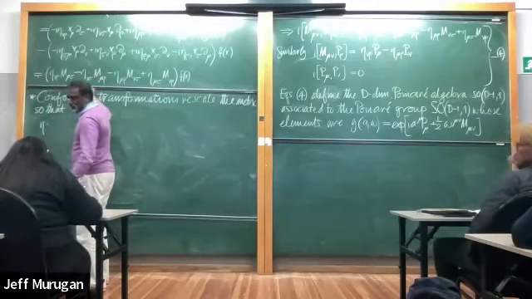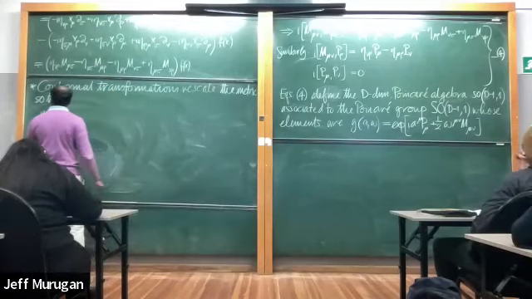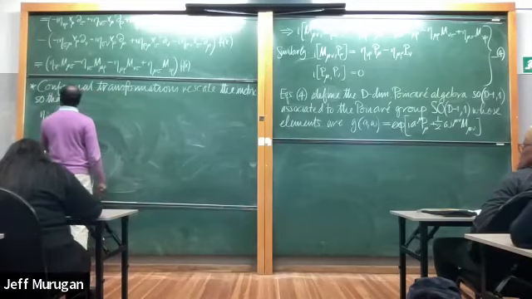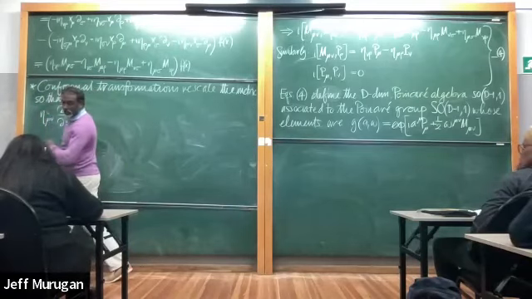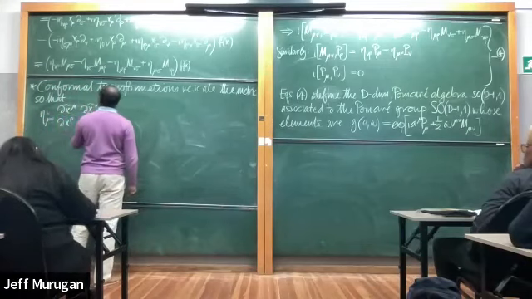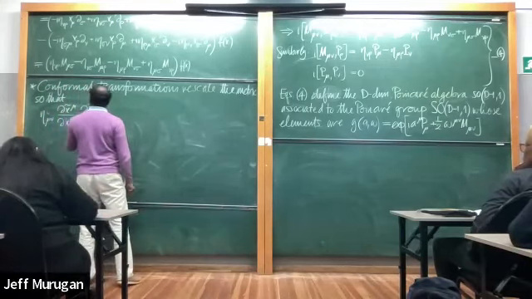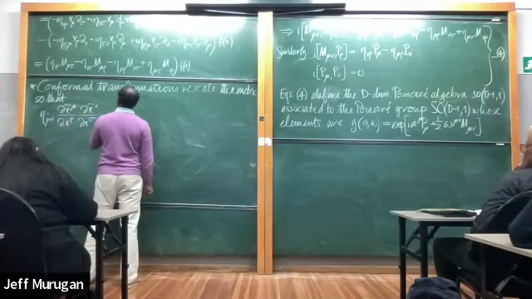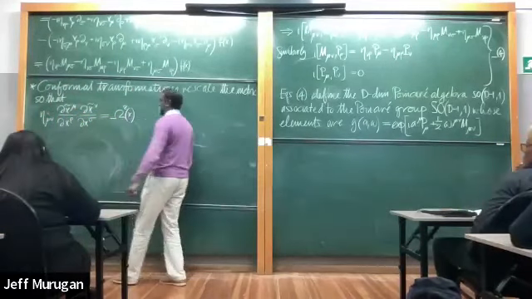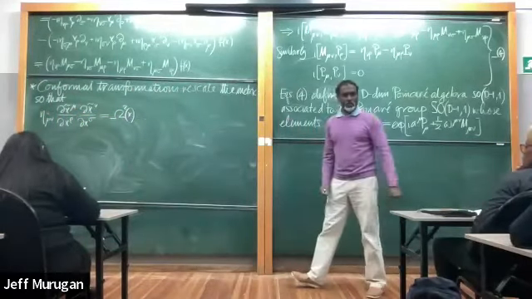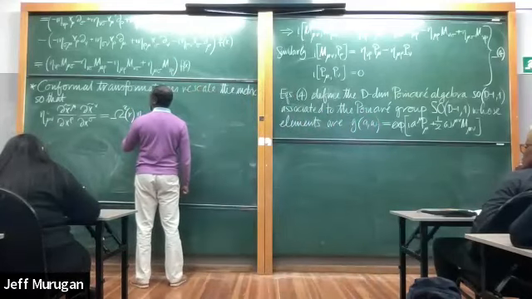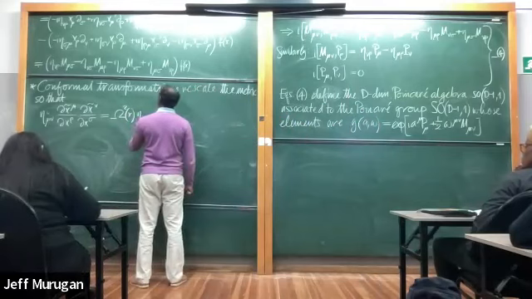So the defining property is eta mu nu dx tilde mu by dx rho, dx tilde nu by dx sigma, equal to omega squared, possibly a function of x, possibly some local rescaling, times eta rho sigma.